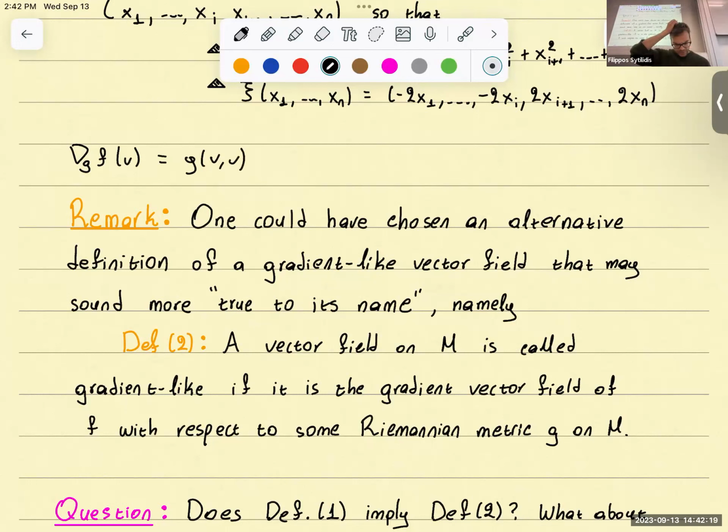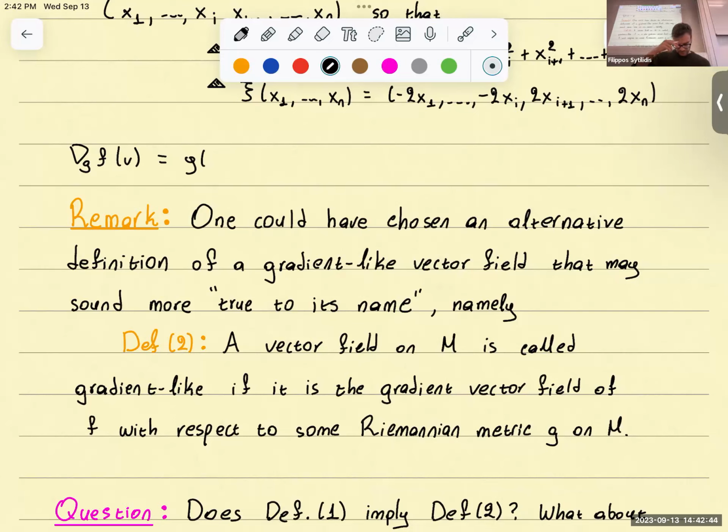Yes, you want to take df and make df into a vector. df of x is the inner product of something and x, and that something is... Sorry, I'm getting stuck here. Sorry, give me a second.